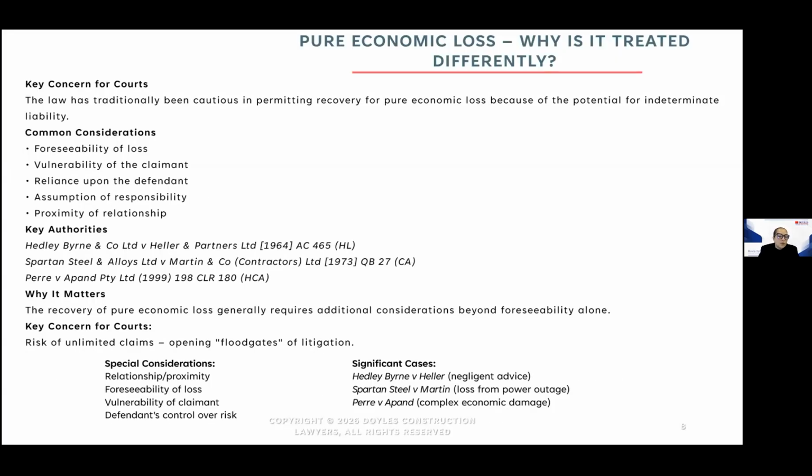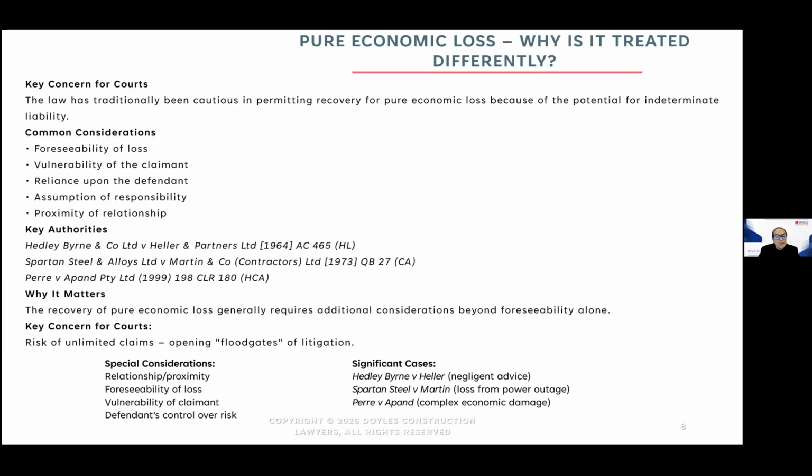So pure economic loss, why is it treated differently? The courts are cautious about pure economic loss because they are wary of opening the floodgates. Foreseeability alone won't do it. Vulnerability and reliance matter too. The courts have historically been cautious about allowing claims for pure economic loss, and one of the concerns is potential for indeterminate liability.